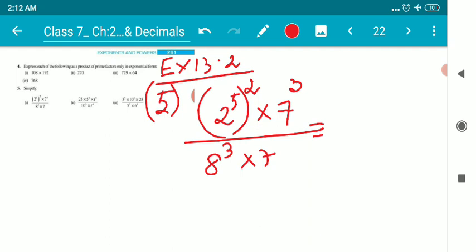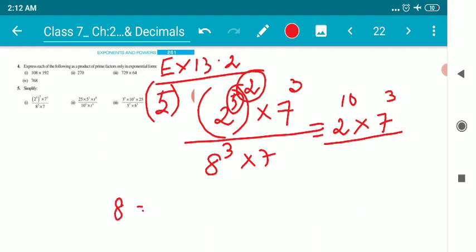So here we can see the power is 2 and the power is 5. So it will be 2 to the power 10 because power on another power gets multiplied, into 7 to the power 3. Let it be as it is, 7 to the power 3. Next is 8 to the power 3. Children, can we express 8 as 2 to the power 3?